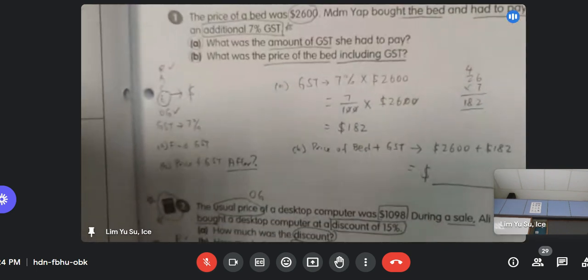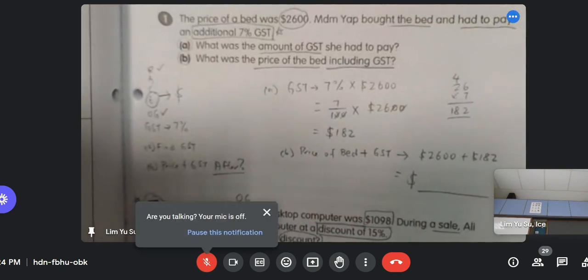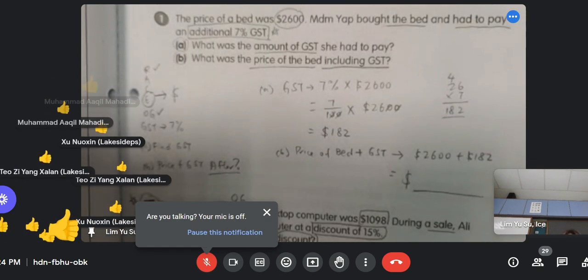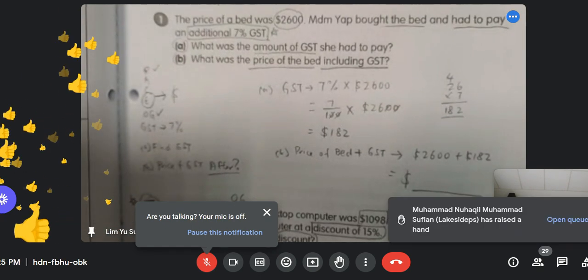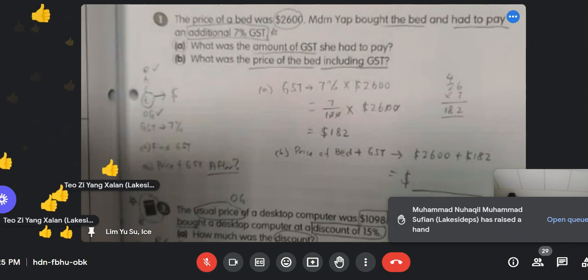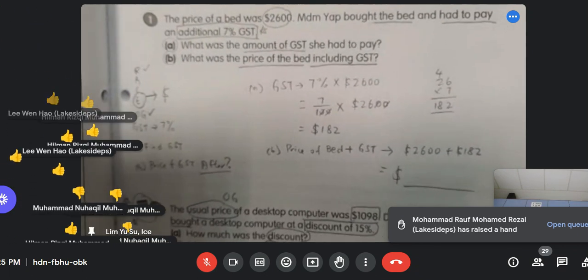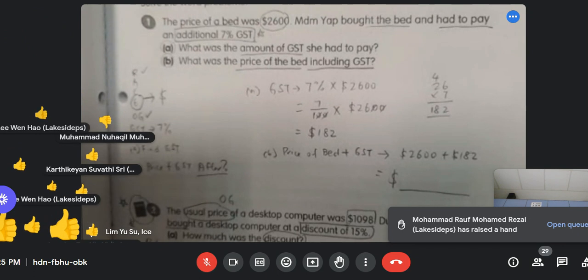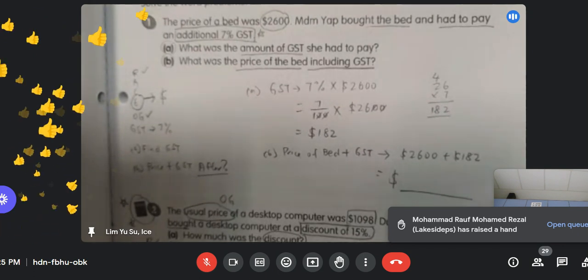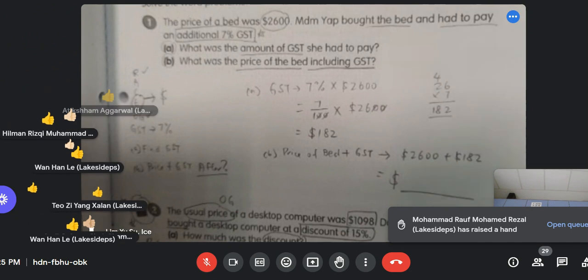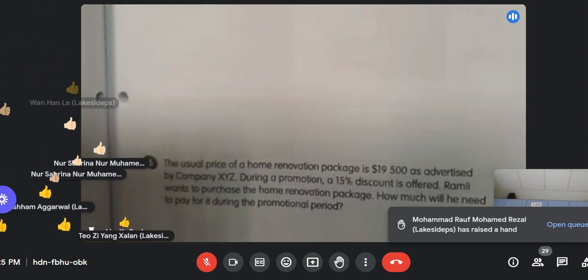If okay for you, give me a thumbs up. Okay, moving on. I see a lot of thumbs up already. It's almost like an explosion of thumbs. Okay, moving on to the next page.